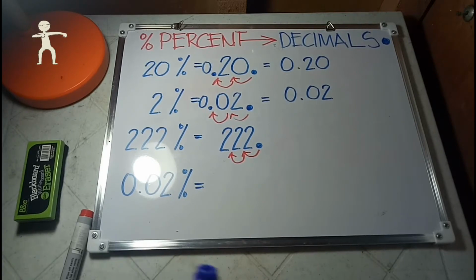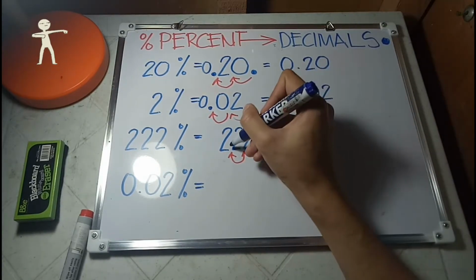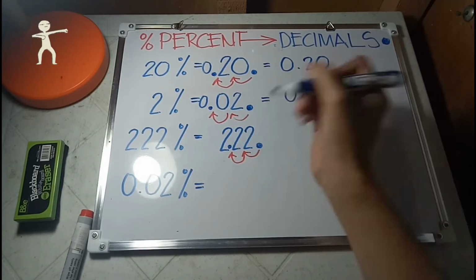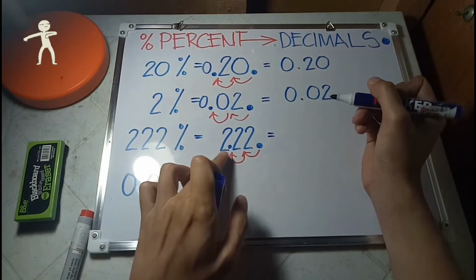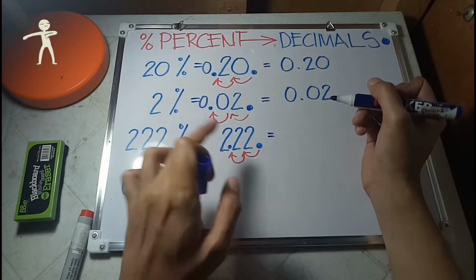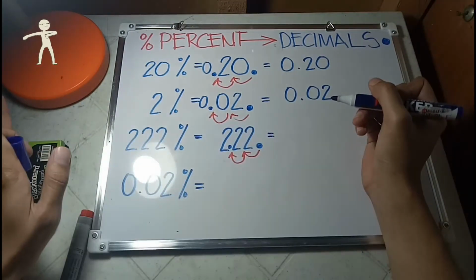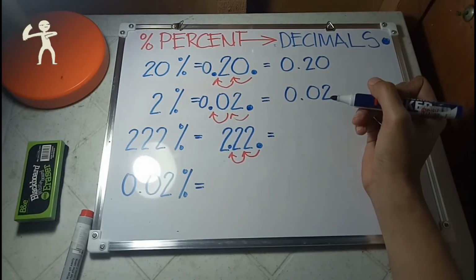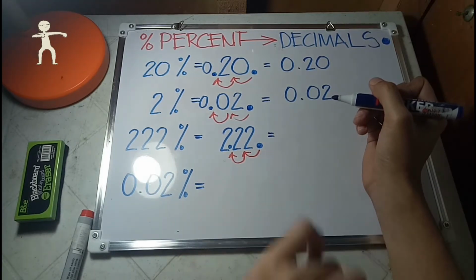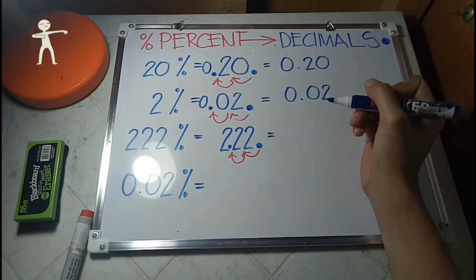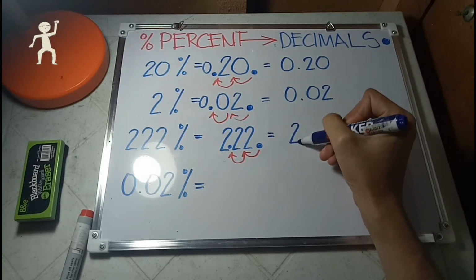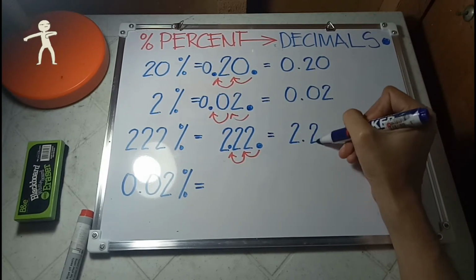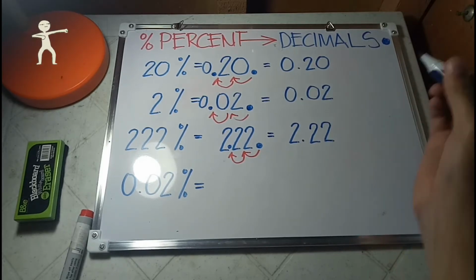So, yung mangyayari, yung decimal point natin is nandito na. Okay? Wag po kayong mag-alala if ever meron pong isa pang number or multiple numbers to the left. As long as you move the decimal point 2 places lang to the left, then that will be enough. So 2.22. Okay?